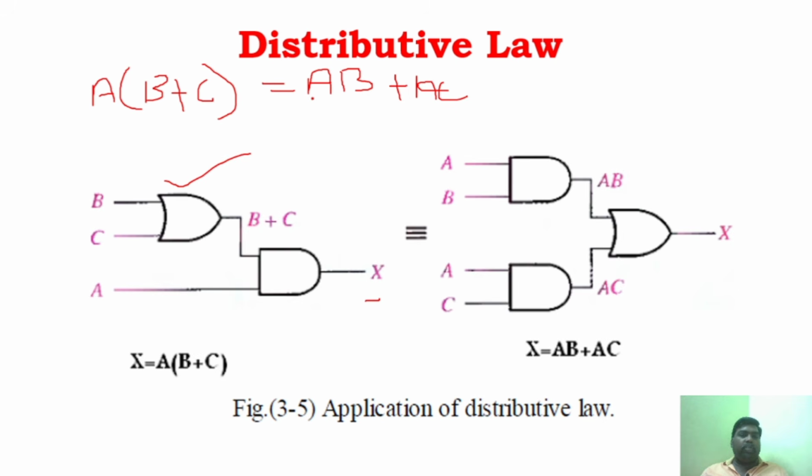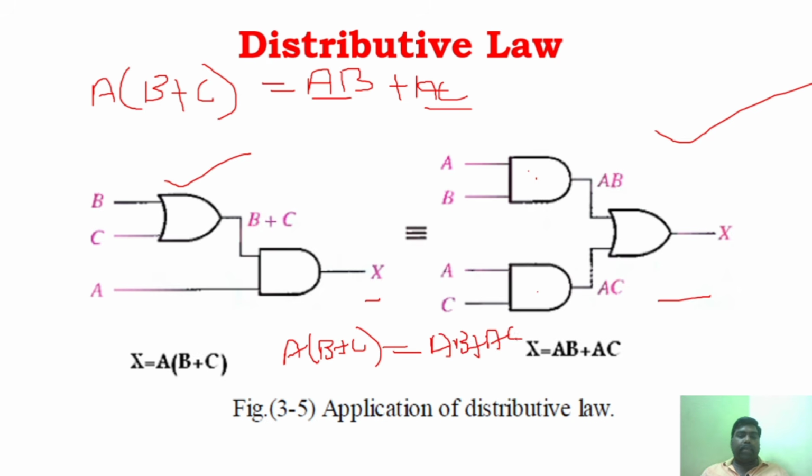So you have two AND operations: AB is one AND operation and AC is another AND operation, and you have to OR these two operations, that is add AB plus AC, which is this expression. So this is the distributive law, which is nothing but A into B plus C is equivalent to AB plus AC. You got it?